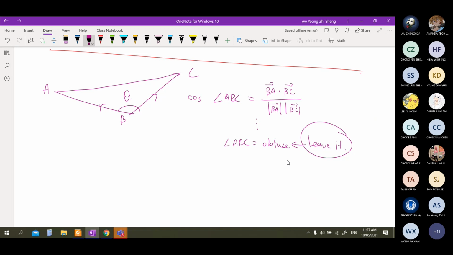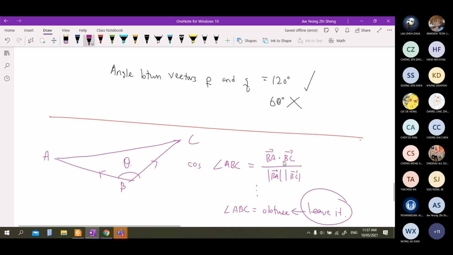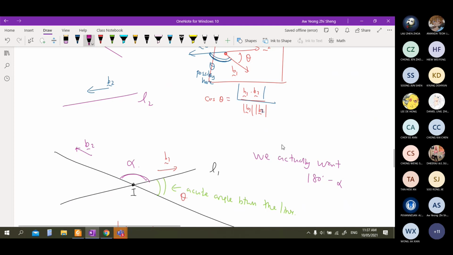How do we know, when it's obtuse, whether or not you need to convert to acute? It's based on the question, based on the situation. Of everything we have covered so far, angle between two lines is the first occasion that requires the angle to be acute.